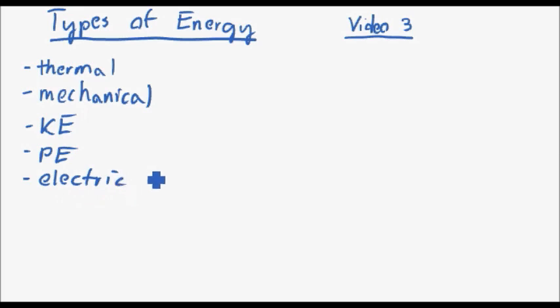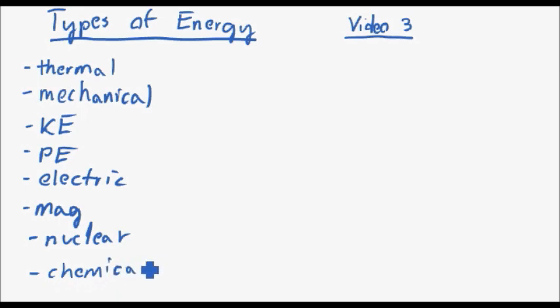So when you produce a certain amount of electricity, there's energy potential in that. There are magnetic energies, there are nuclear and chemical energies. And there may be more which I'm missing on this list, but you get the point. There's a lot of different kinds of energy.